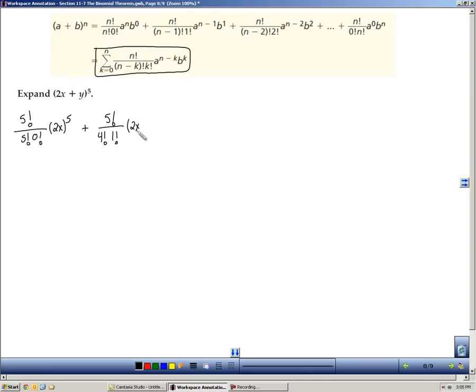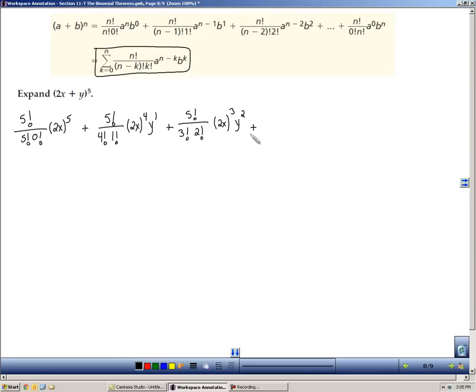Again, times the 2x to the 4th power, because we drop it, but now we take the y and bring that to the 1st power. Next term again, 5 factorial, but then we do 5 minus the k now of 2, so 3 factorial, 2 factorial. I still have the 2x, drop it down, and then take the y and bring that up.